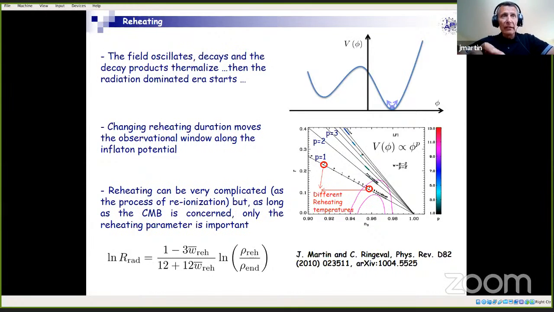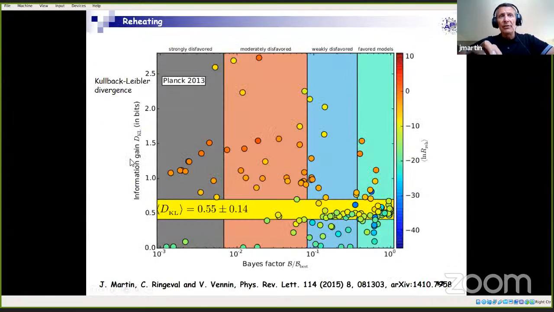And this is what you can get from the Planck data. So let me explain this plot. On the vertical axis, you have the Kullback-Leibler divergence. So this is a quantity which tells you about the difference between the posterior and the prior distribution. If the posterior distribution is very different from the prior distribution, it means that you have acquired a lot of information.